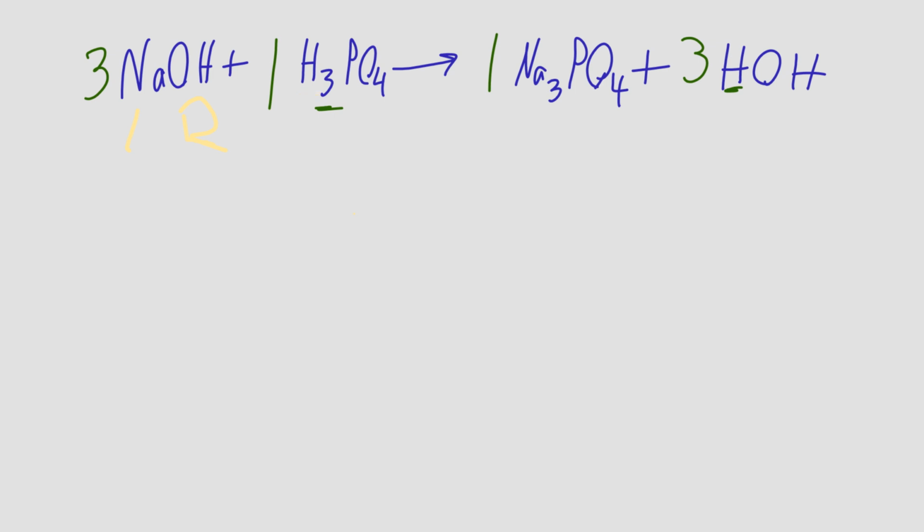Sorry, y'all. So we would say this H is a 2, and this PO4 is a 1. So we want the Na and the PO4 to get together, so that it's 1, 1, and the H and the OH to get together, so it's 2, 2.